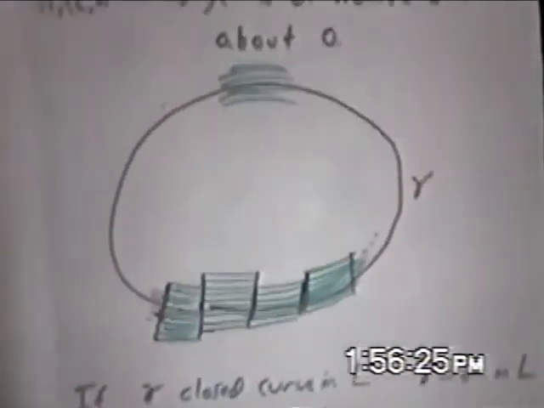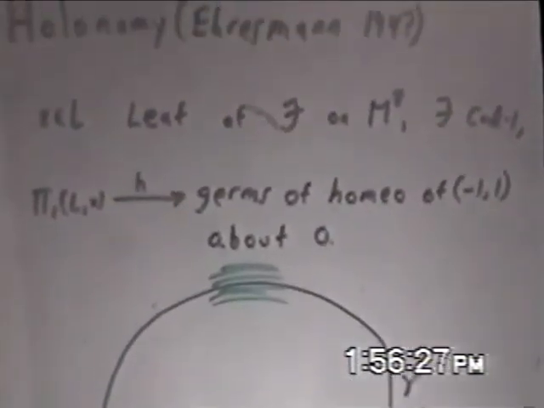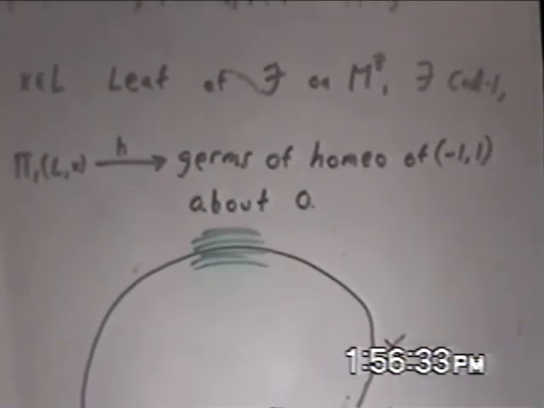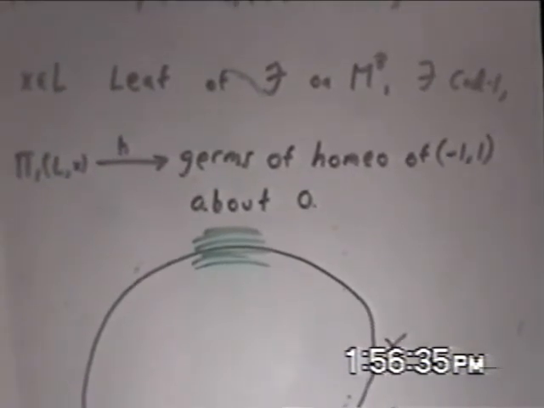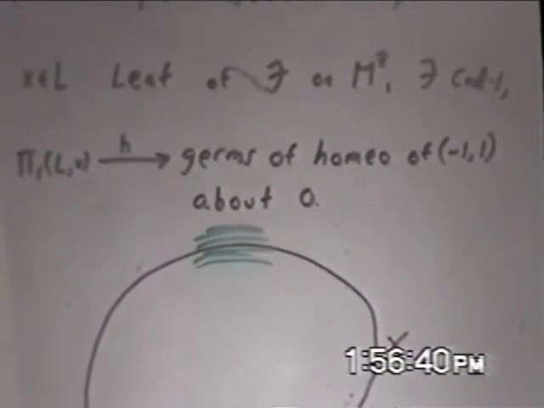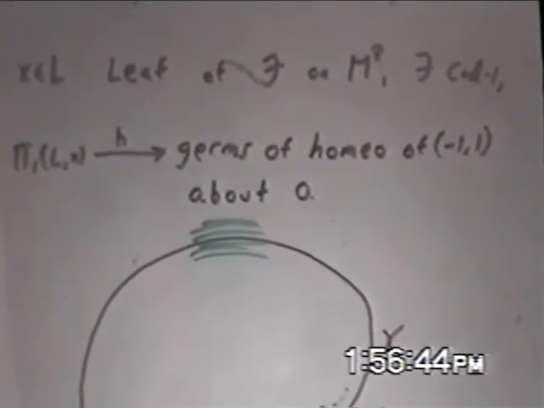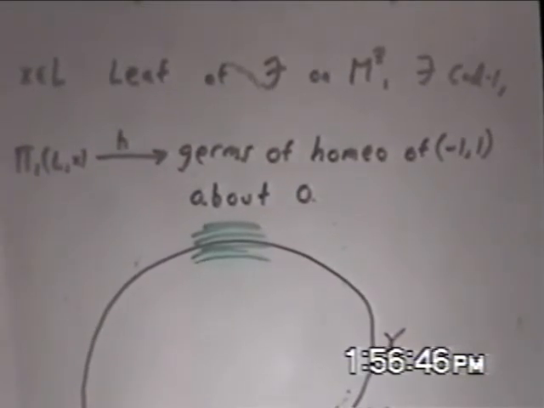Actually, this idea of holonomy is central to 3-manifolds, and to any codimension 1 foliation in any manifold. What's really important is that if you have a curve in a leaf which is homotopically trivial, then it has trivial holonomy.